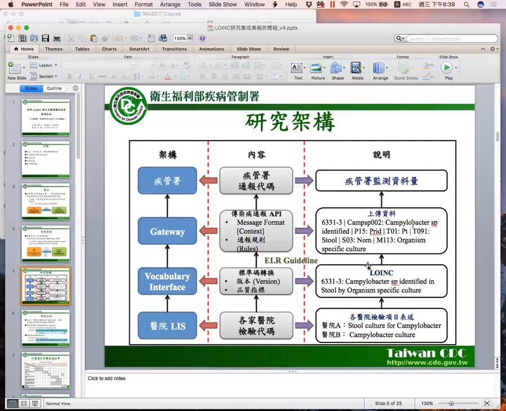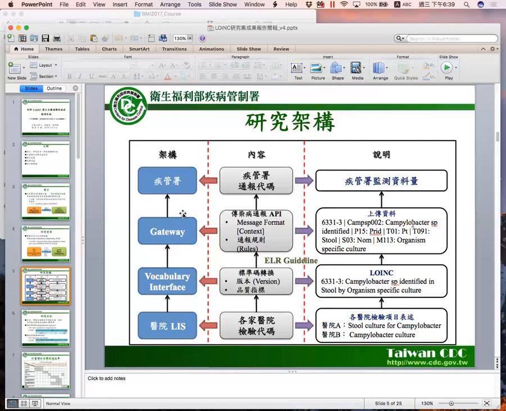We only help do the mapping, but they still need to develop a system and talk to the CDC gateway. They need a computer. After mapping, when they have this kind of reported laboratory data, they need to submit to the gateway. So they need another set of work.